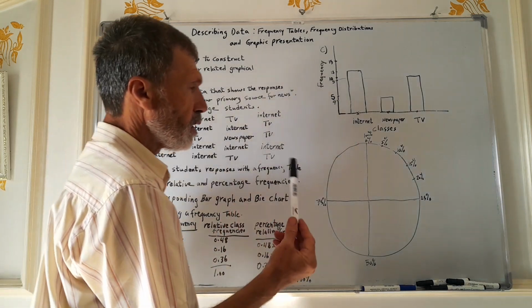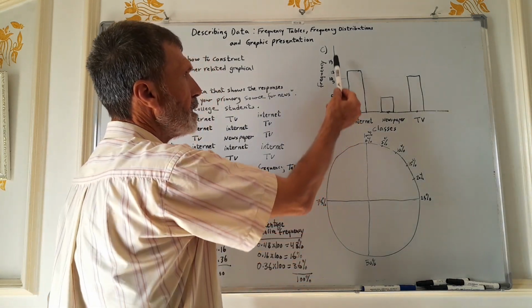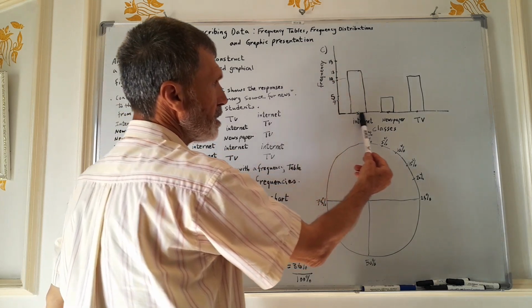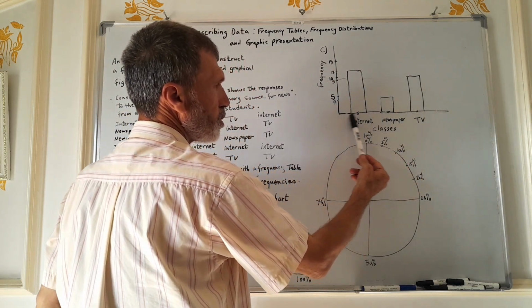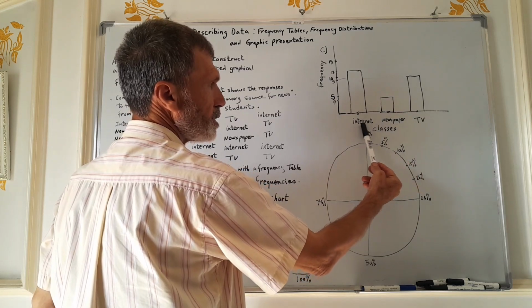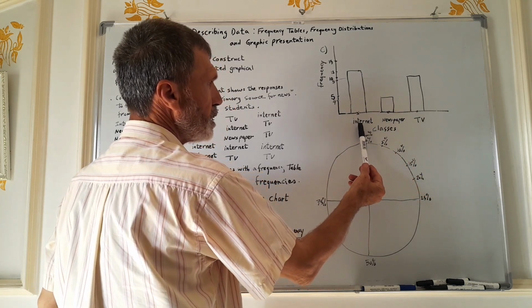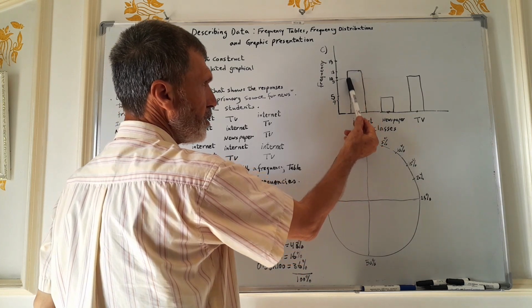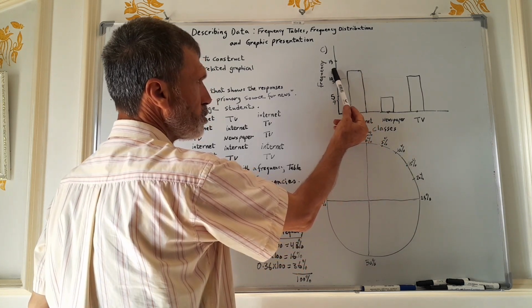But the usual drawing is based on the frequency along the vertical axis, and along the horizontal axis we draw the outcomes or the classes. So for the internet, we draw a bar with the height equal to 12.